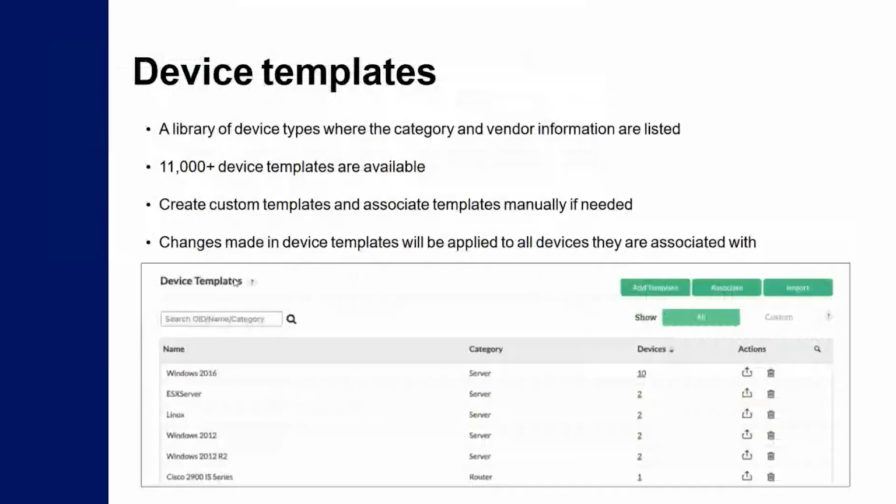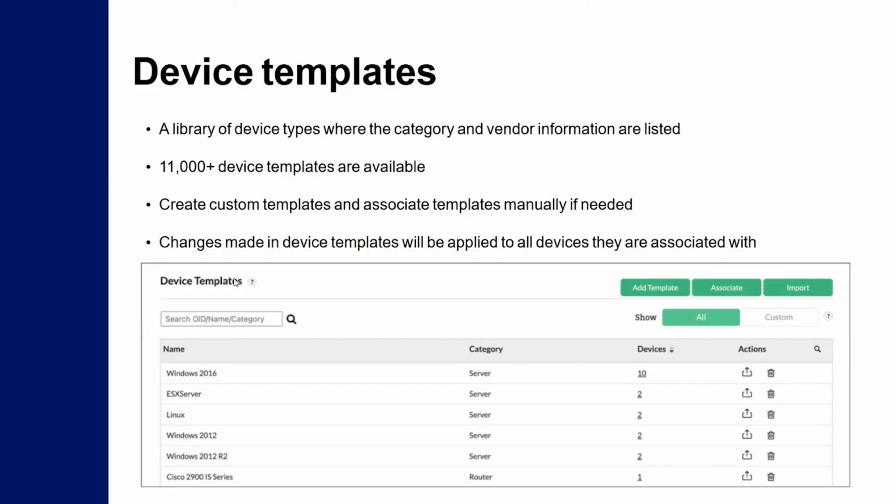So what are device templates? OpManager matches all these discovered devices with a template, and it autofills based on the category, type, and vendor. How does this work? It is because of these device templates, which are already configured in OpManager as out-of-box templates.